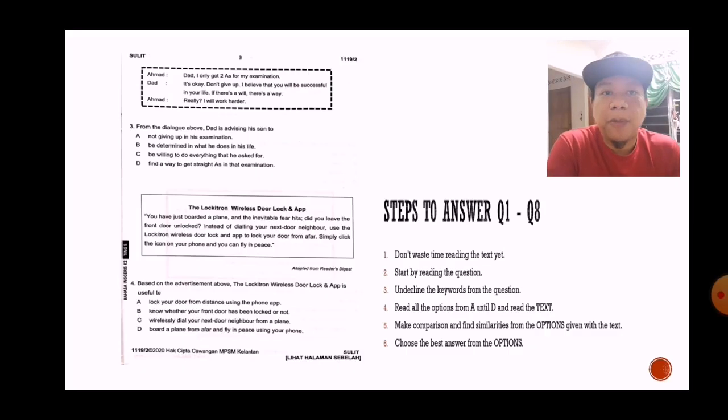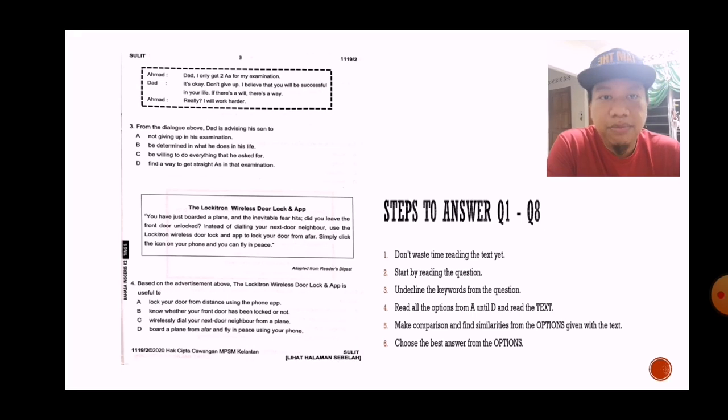From the dialogue above, Dad is advising his son to... ayah bagi nasihat kepada anak dia untuk buat apa? Okay, let us look at A. Not giving up in his examination.